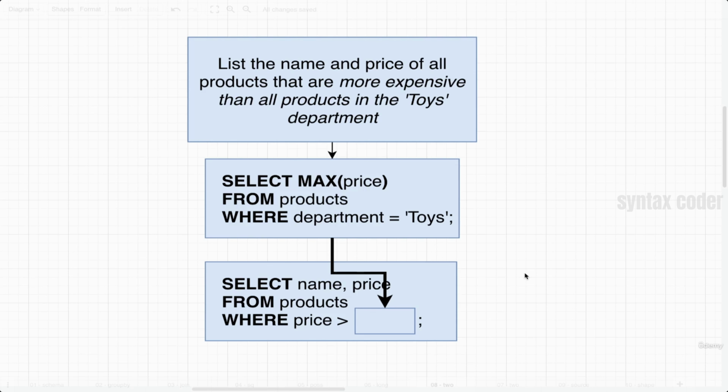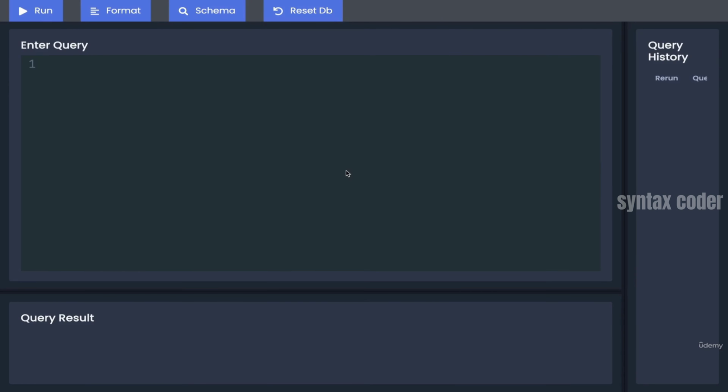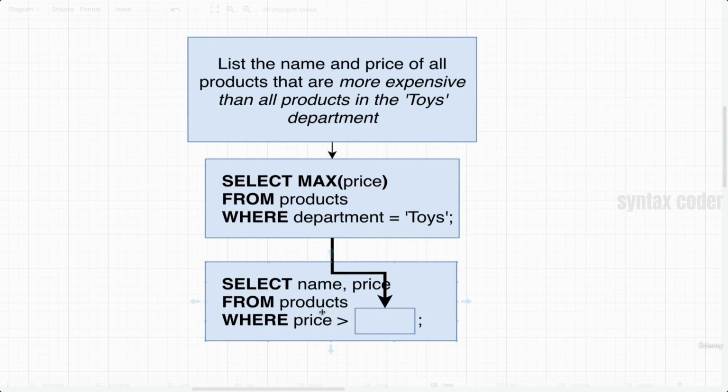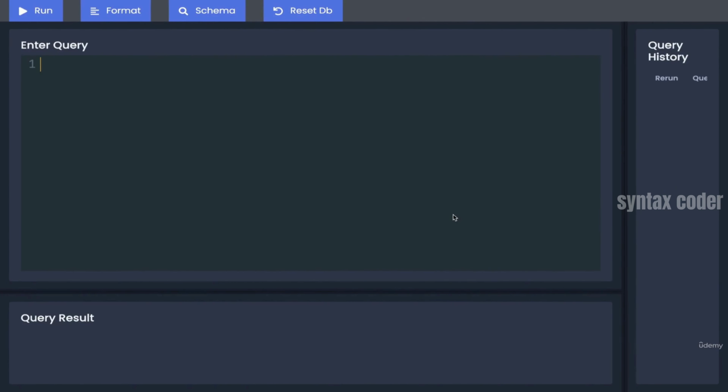When we do a subquery, we're essentially taking one or more queries and merging them all together in some way. Let's take a look at how we would combine these two specific queries down into one by going back over to pgsql.com. To combine these two queries into one by using a subquery, we would first write out the outer query, or essentially the second one that we want to write.